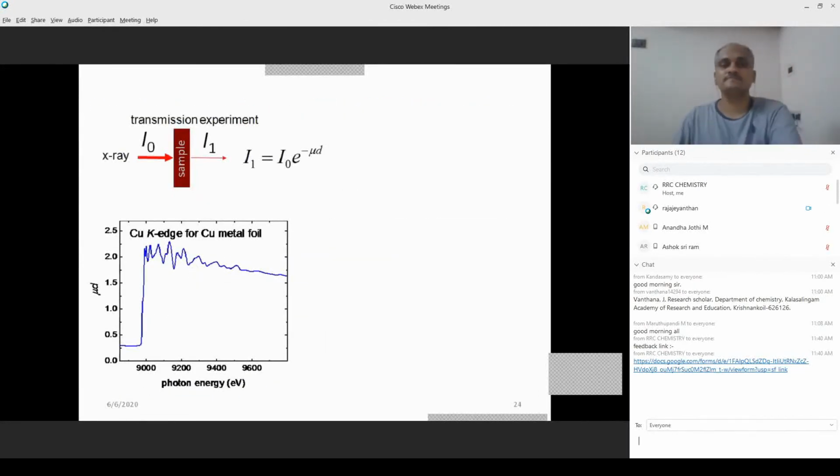So coming to this, now we are going to compare near edge X-ray absorption spectroscopy with extended X-ray absorption spectroscopy. In near edge absorption spectroscopy, we can get information regarding the absorption edge. This will give information like the chemical environment of the absorbing atom, that is the region denoted here.